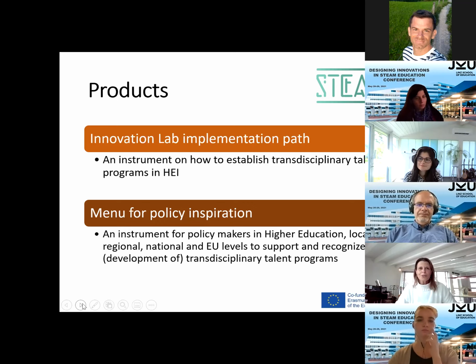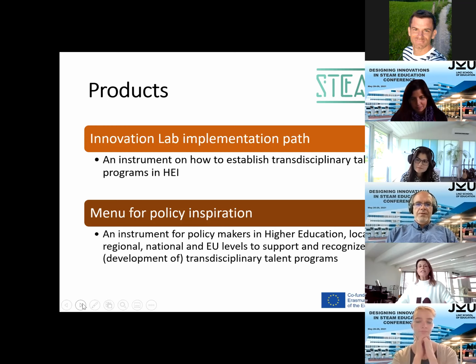My colleagues already talked about the importance of the policy partners and policy to see the need for transdisciplinarity in education. So it's important to inspire them to support transdisciplinarity in education. This menu will be an instrument for policymakers in higher education, but also on other levels, up until EU level, to support them to recognize the importance of transdisciplinarity in talent programs.